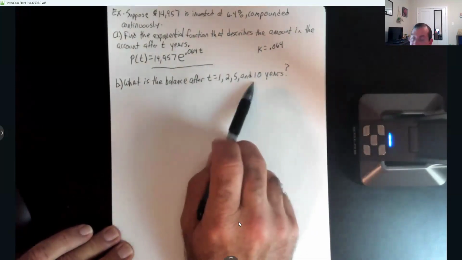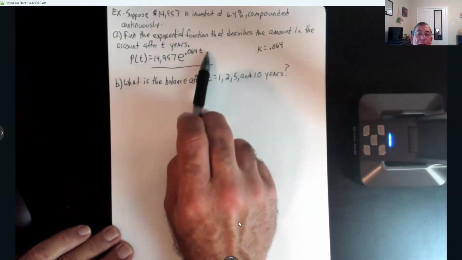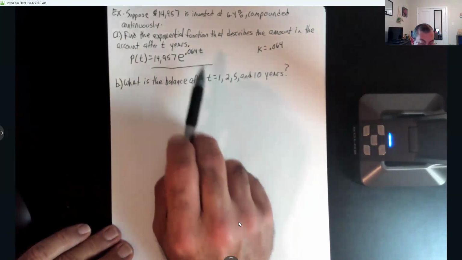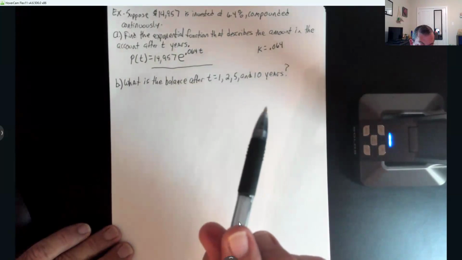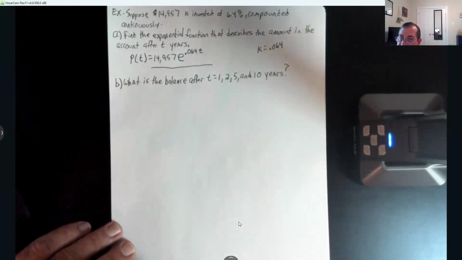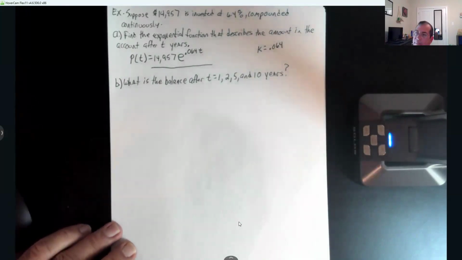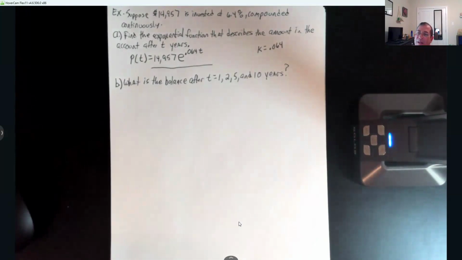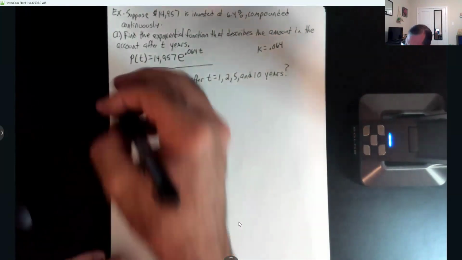So 1, 2, 3, 4 different years that I have to plug into that and see what the amount is. And they're rounding this to the nearest cents. That means 2 decimal places. So you have to round to the nearest cents.